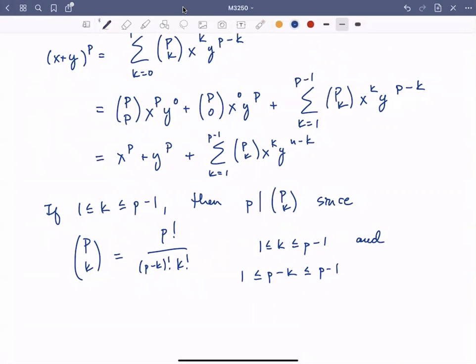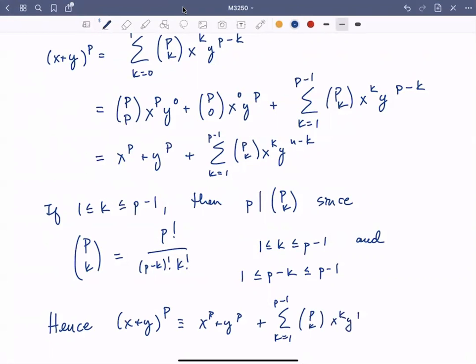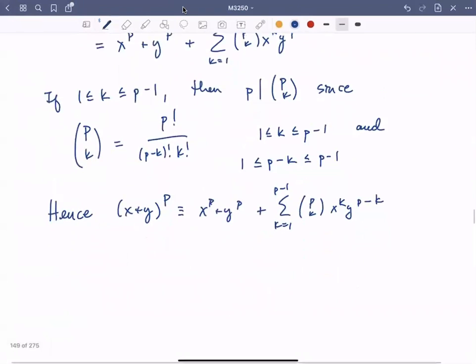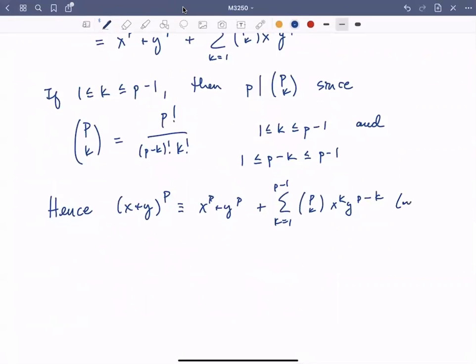And the reason why this matters is that (x+y)^p is equal to x^p + y^p plus the sum of p choose k, x^k, y^(p-k).